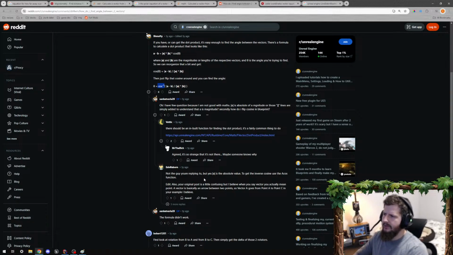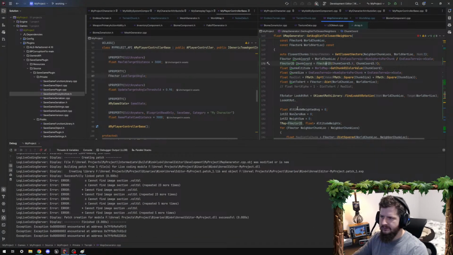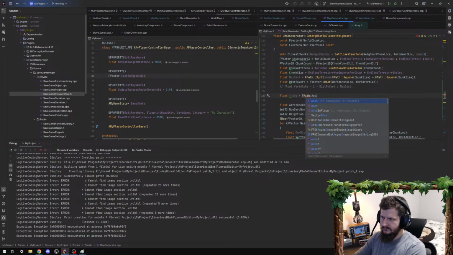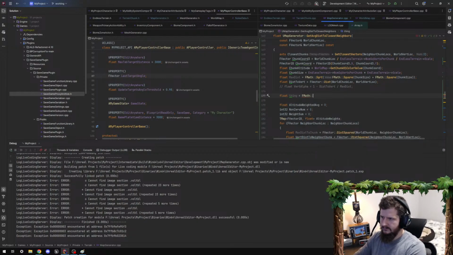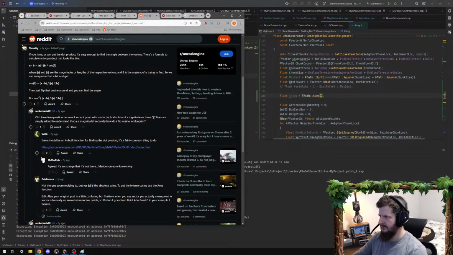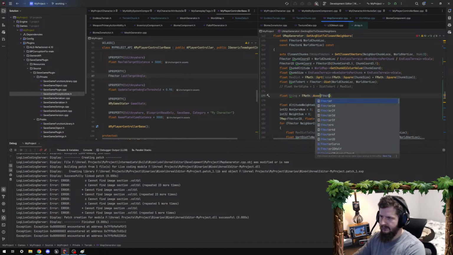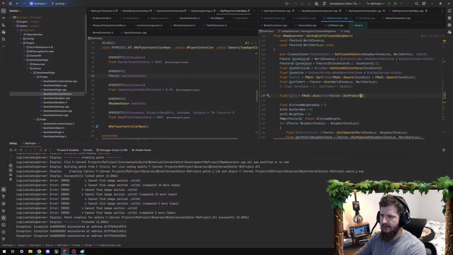A cosine. Okay, we have something. I don't know what to call this thing. FMath acos, the inverse cosine of FVector dot product.